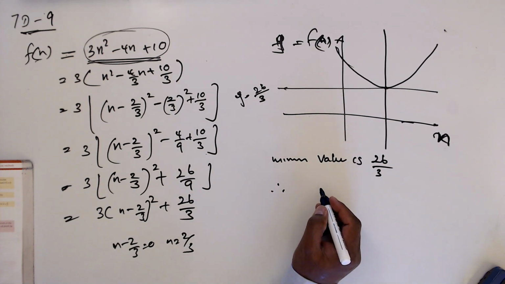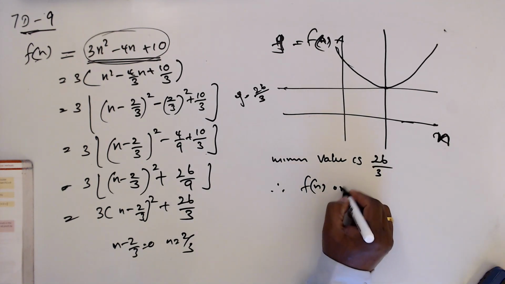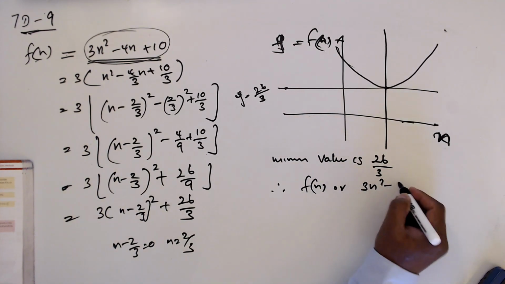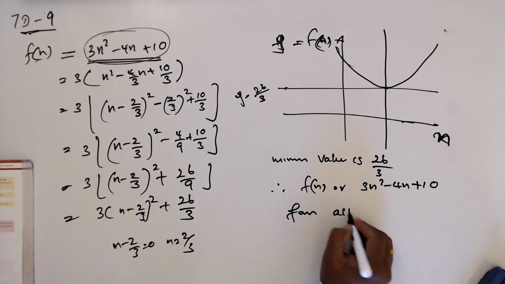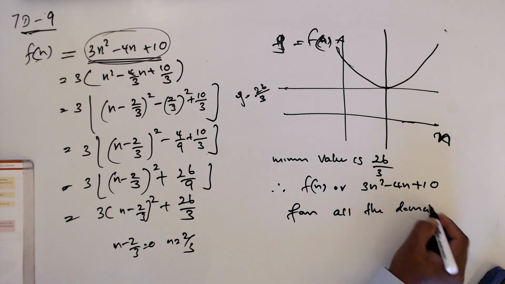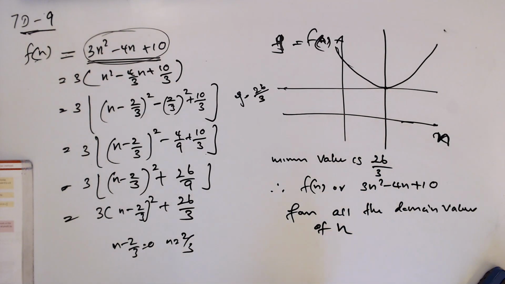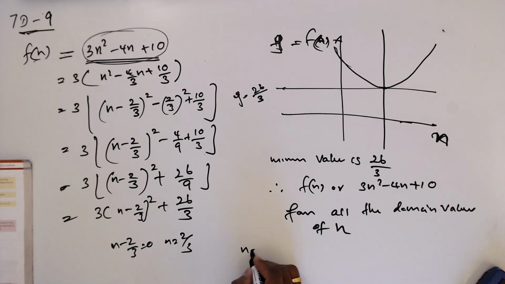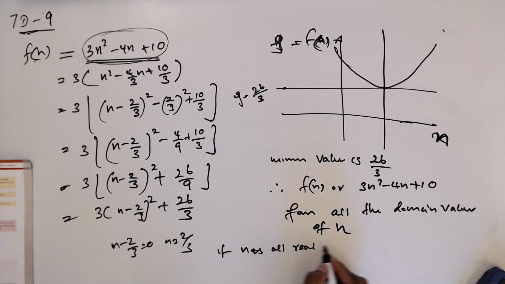Hence f(n) or 3n squared minus 4n plus 10 for all the domain values of n. This is for whole, I mean if n is all real numbers.